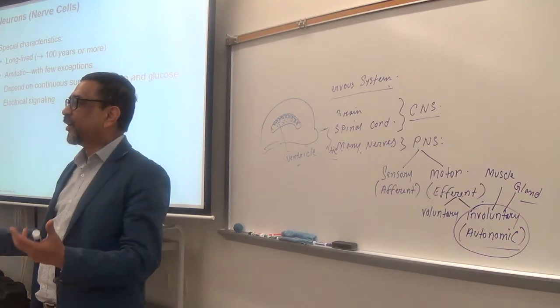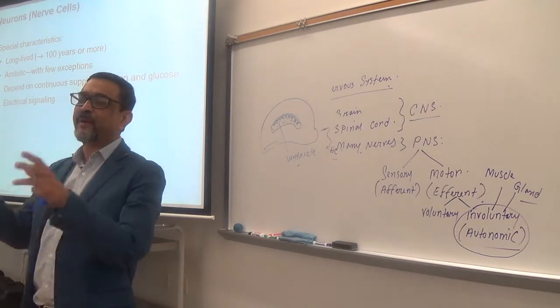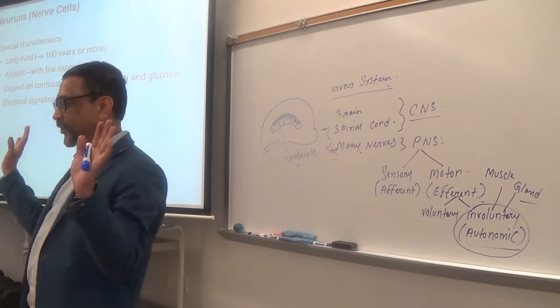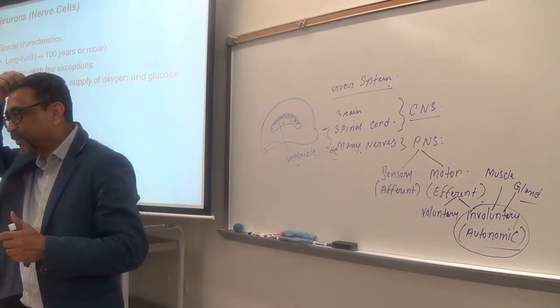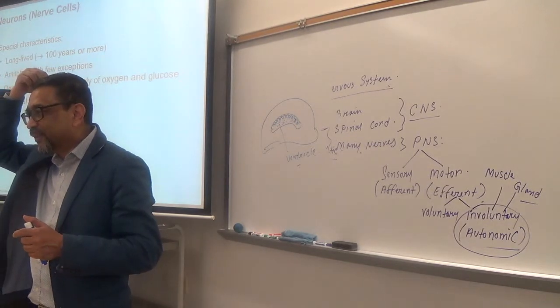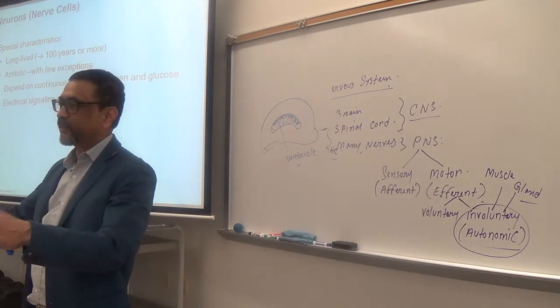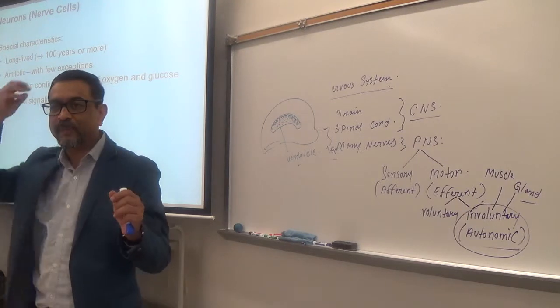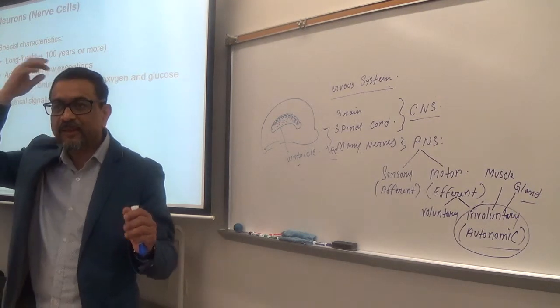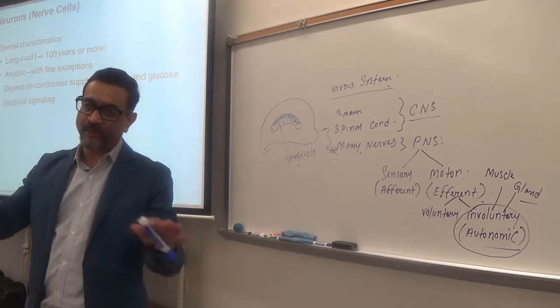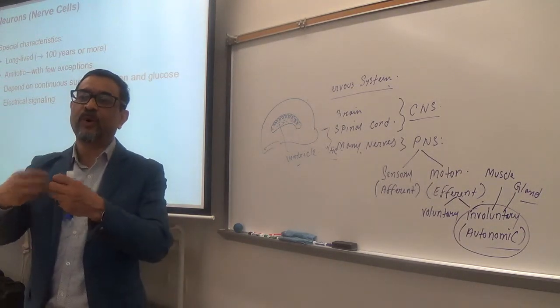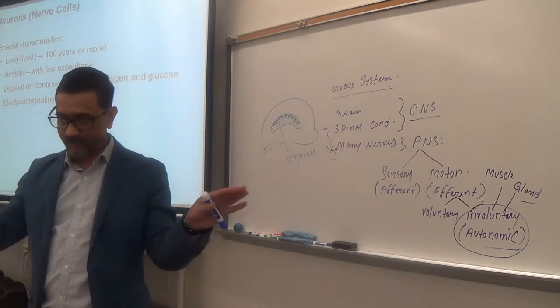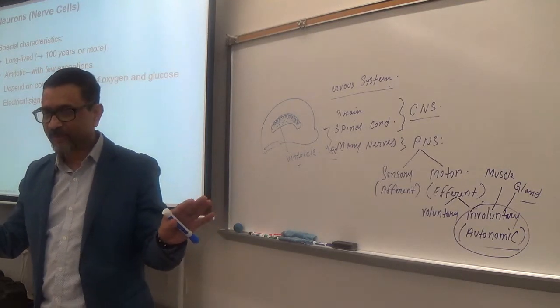So amitotic means no mitosis occurs. That's why when someone gets a stroke, usually they don't recover. Once the brain tissue dies, it normally doesn't recover. There are some neurons in the brain that can do mitosis, but most of them don't. Is it clear?